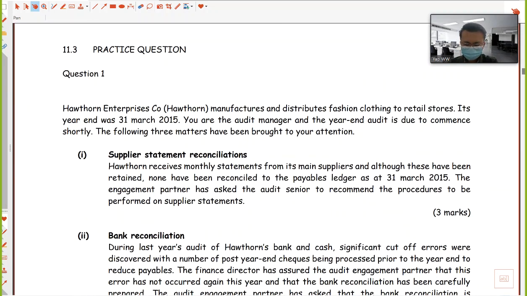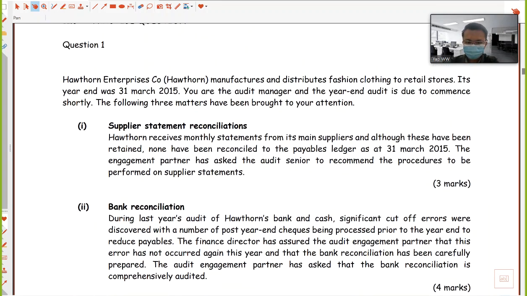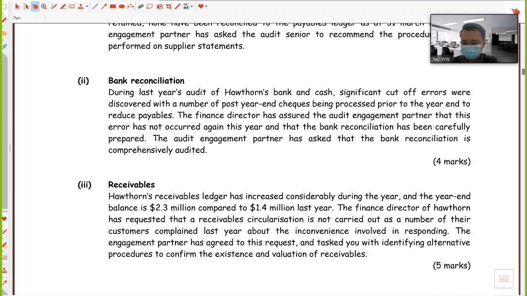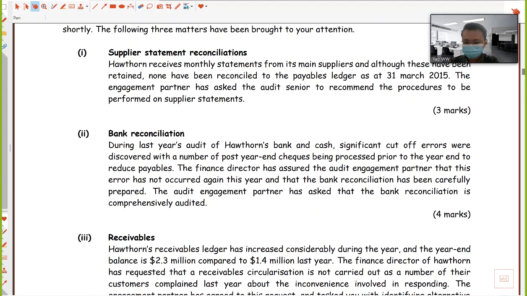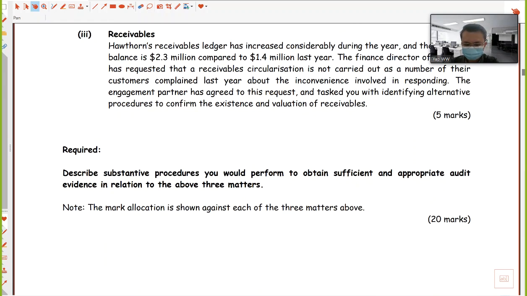Okay, so now we try some past year questions. Usually question number 18 will appear in this way, asking for substantive procedures. Describe the substantive procedures you will perform to obtain sufficient appropriate audit evidence in relation to the above three methods.